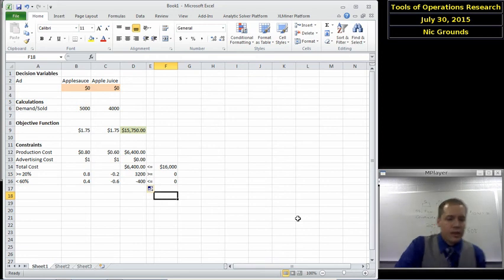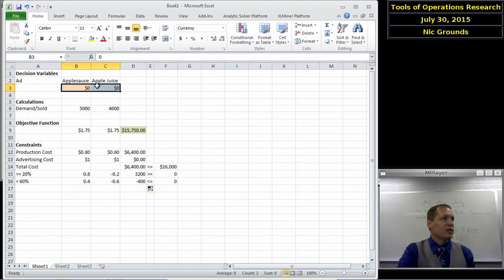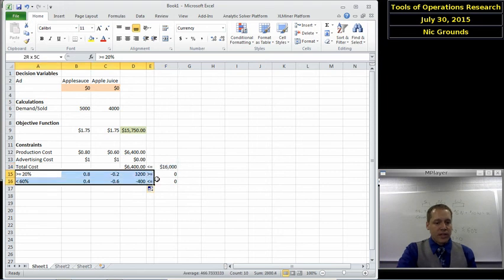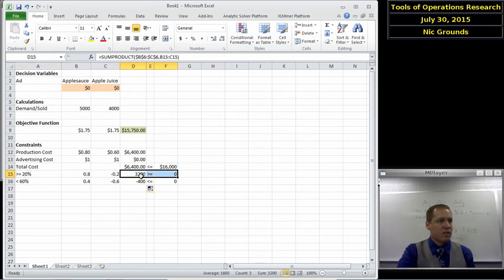So, what you can see is that if we spend no dollars advertising, we make a profit of $15,750. We're well under our budget. Okay, so production costs only add up to $6,400. We are technically making more than 20% applesauce because this constraint is not at its boundary or threshold yet.